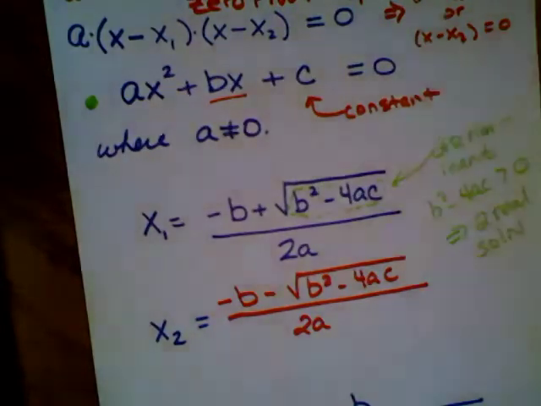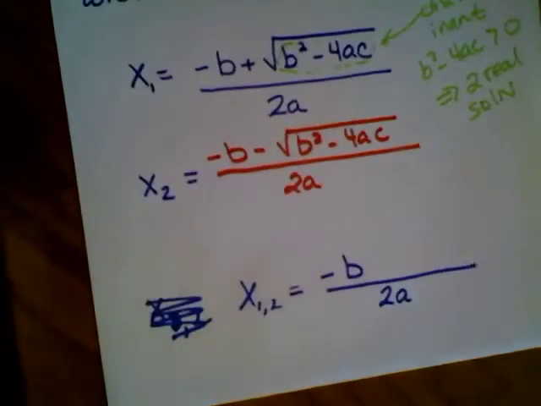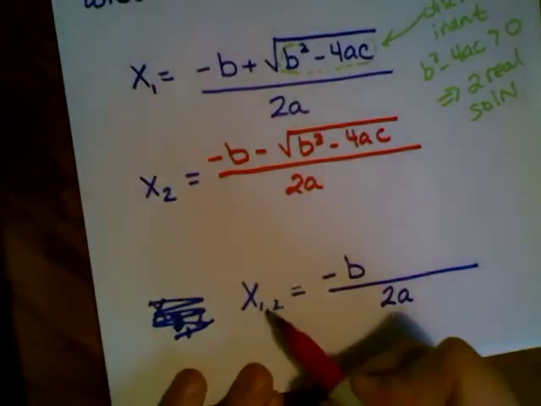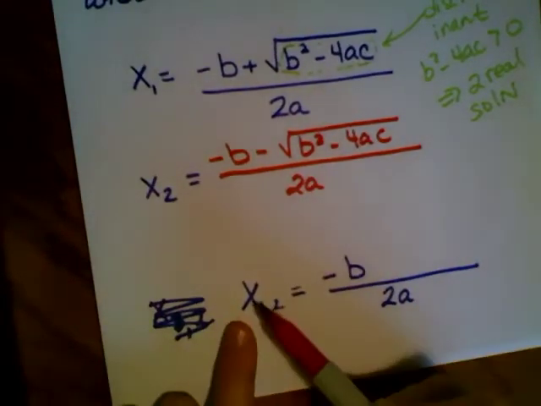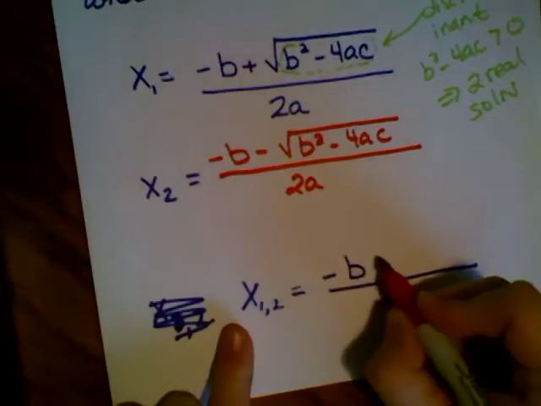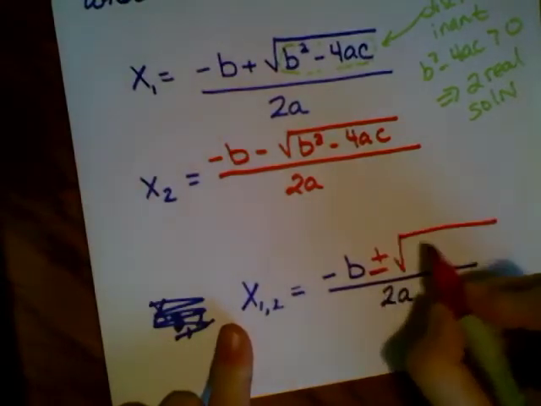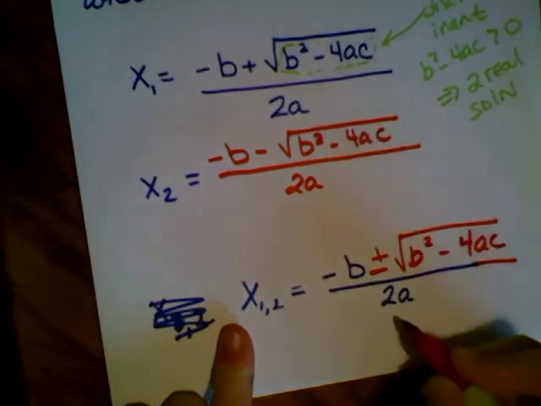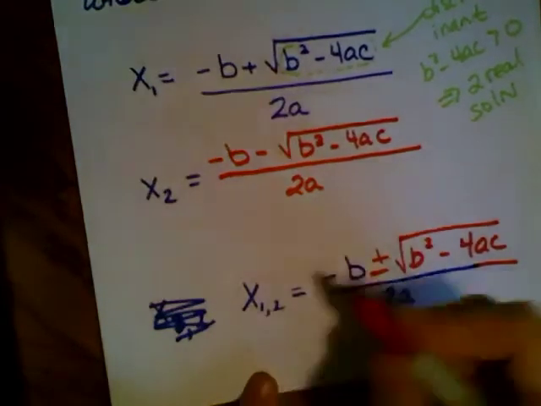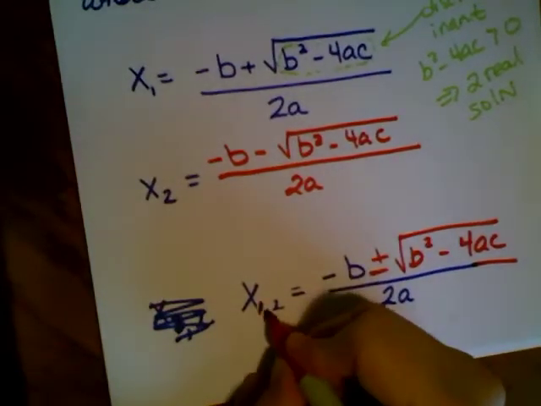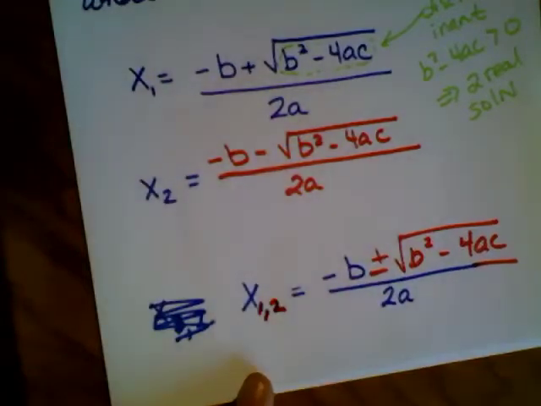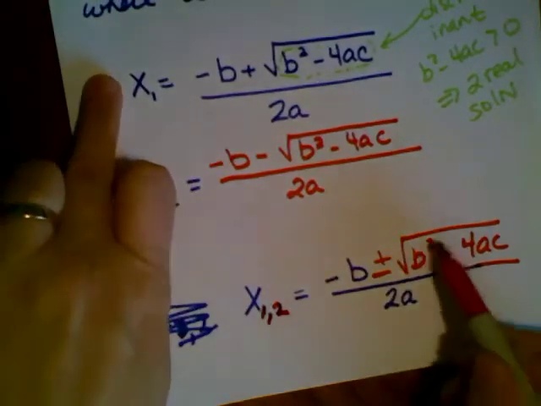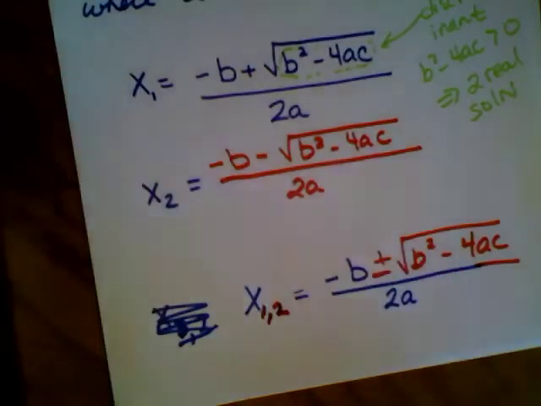Okay. And just to write down that quadratic formula a little more succinctly, sometimes people would just write x equals opposite b plus or minus square root b squared minus 4ac all over 2a. Some people would just write x equals, but I like to put the double subscript 1, 2 to remind the reader that there's going to be two solutions if the discriminant under the radical is positive.